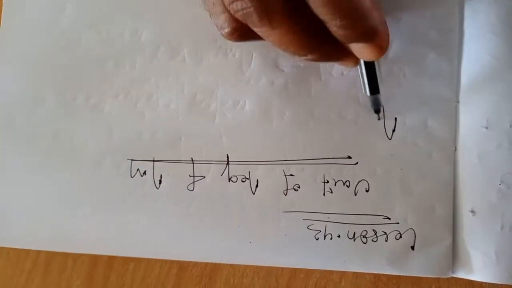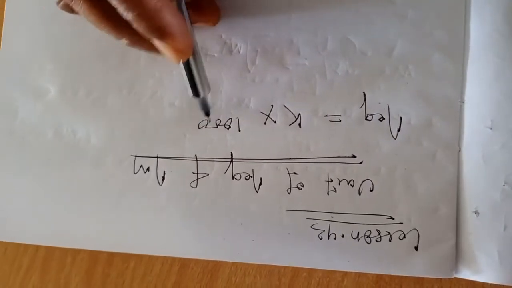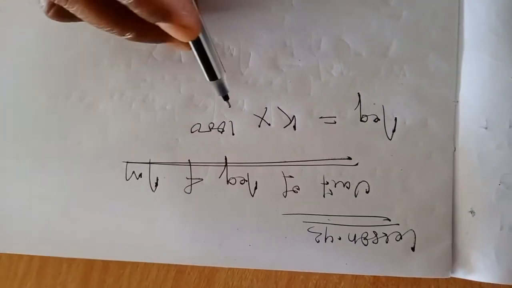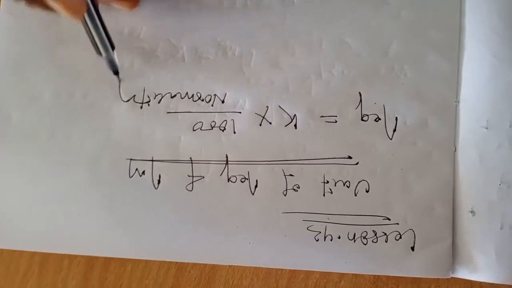We know that equivalent conductance equals K into 1000 by normality.